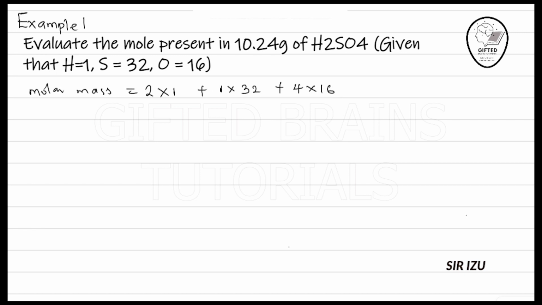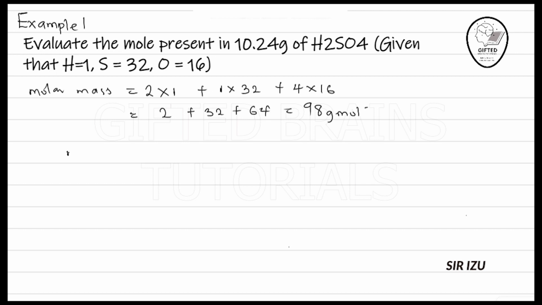So this will give us 2 plus 32 plus 4 times 16, which is 64, which is 98 gram per mole. So this is the molar mass.